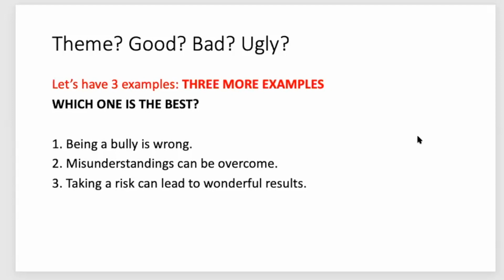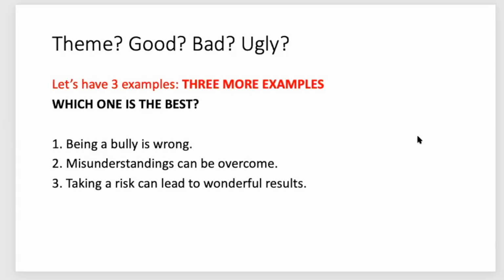Yeah, I mean, being a bully is wrong is really taking a teeny little bit of the story, so it'd be hard to discuss it. So it would be like a sub-theme, right? Whereas misunderstandings can be overcome is possible, but taking a risk can lead to wonderful events is actually what happened. He took a risk, he stepped outside of his comfort zone, and it worked out in the end.